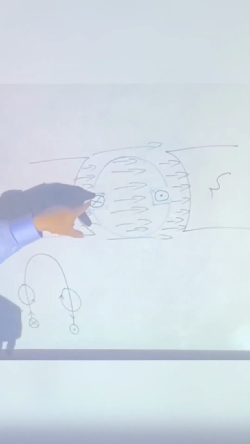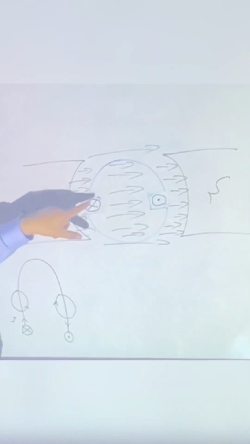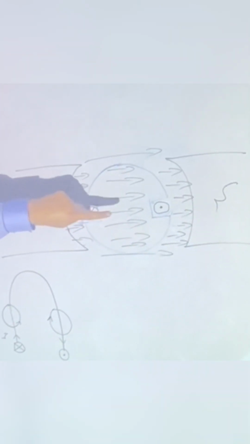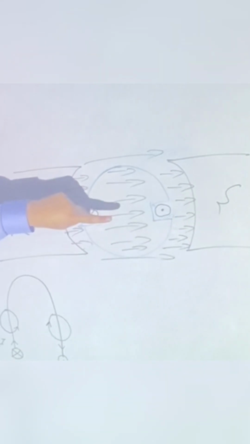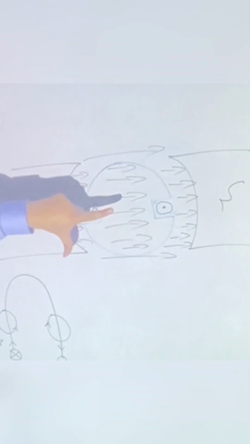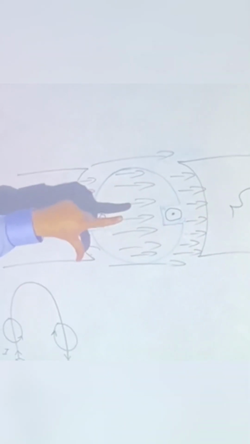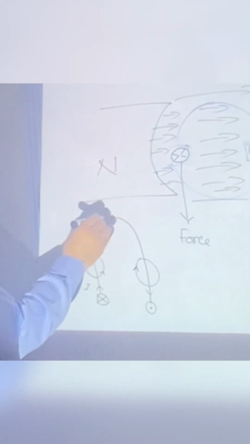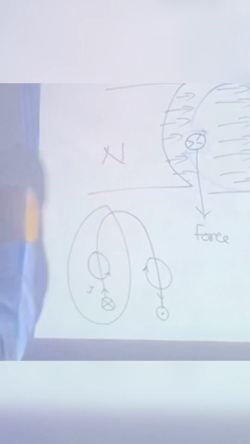So for example, here it is a cross, the direction of current is this, the direction of flux is in this direction. What will be the direction of force? Downward. Understand? Yes. So the force will be downward on this half of the loop.